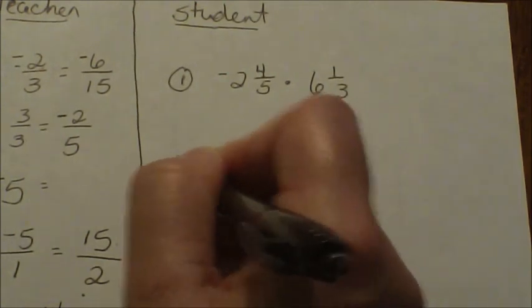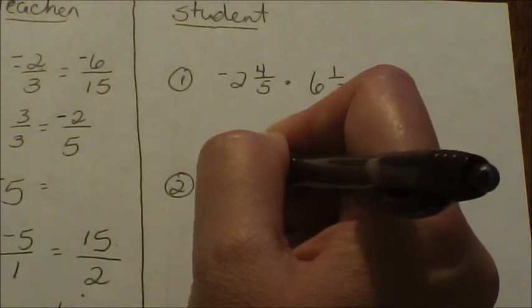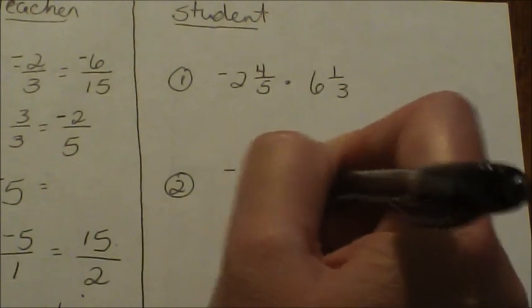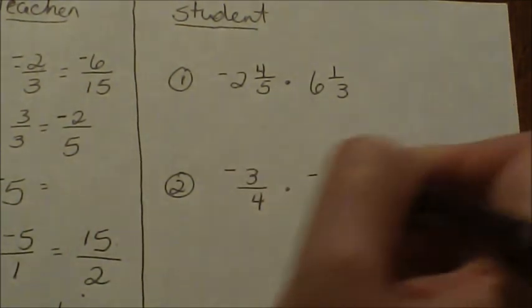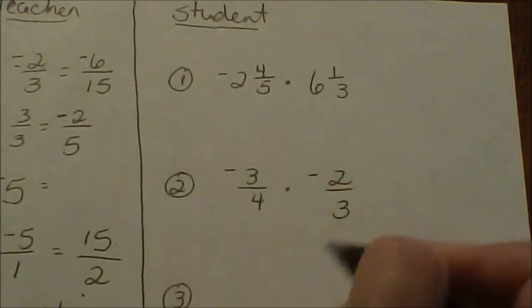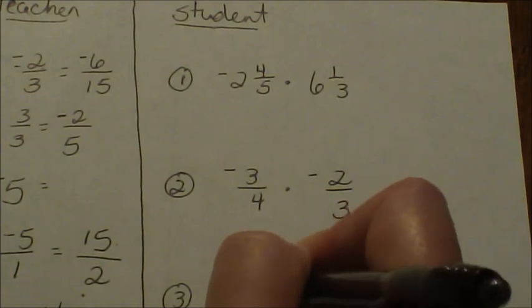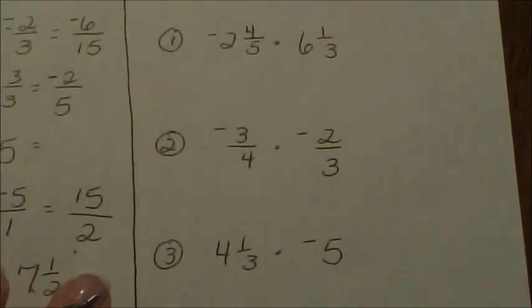Number 2, I want you to tell me what negative 3/4 times negative 2/3 is. And the last one, let's do 4 1/3 times -5. All right, there's your practice problems. Come in tomorrow with those done.